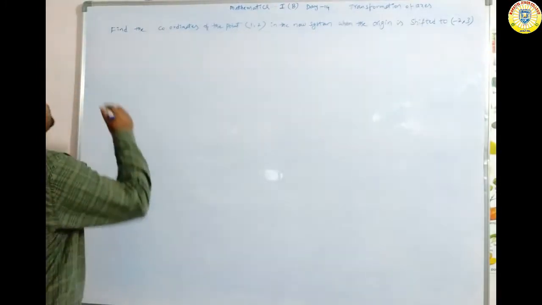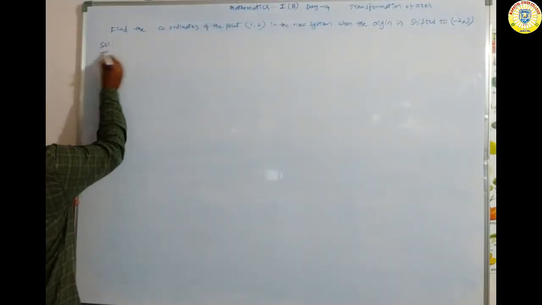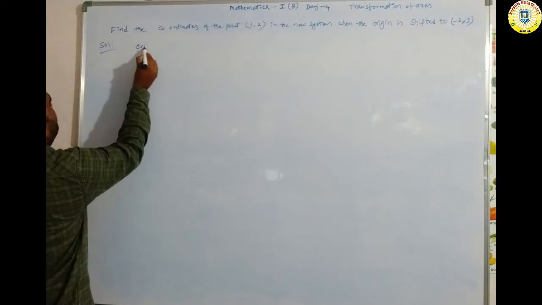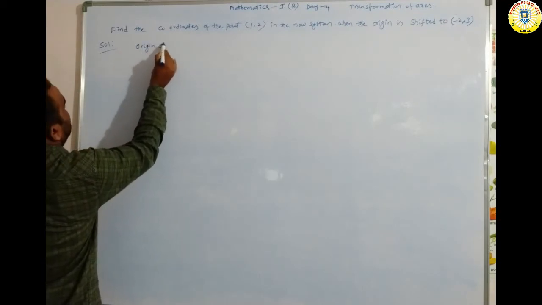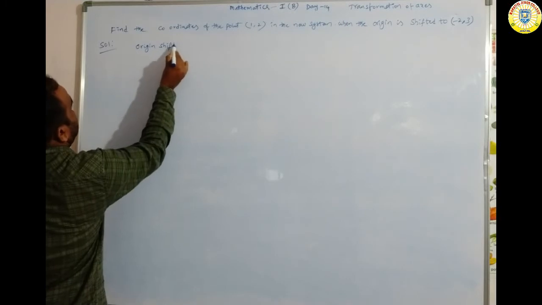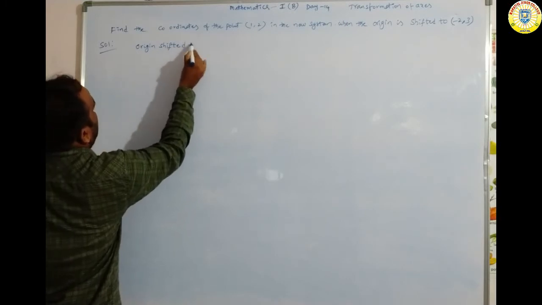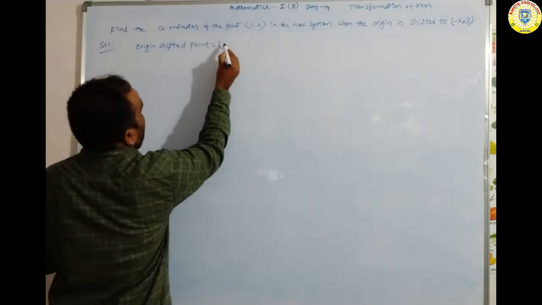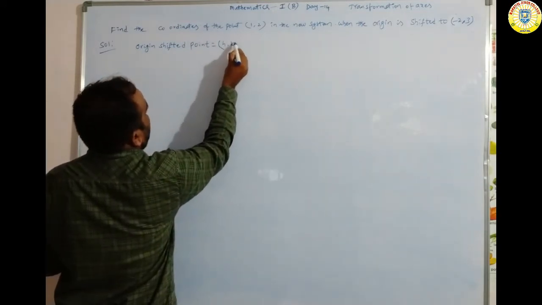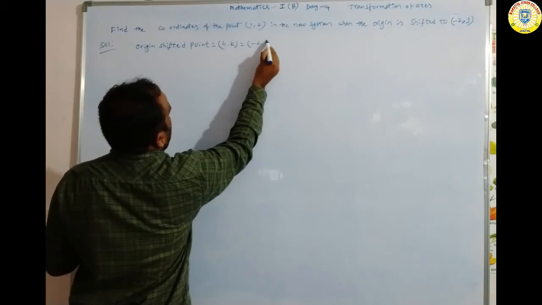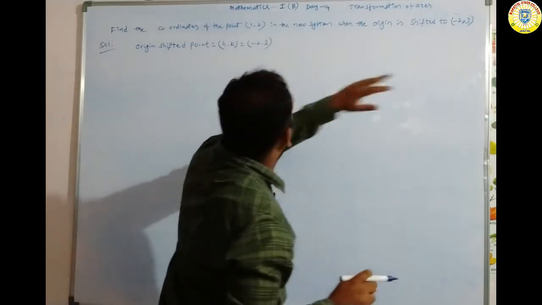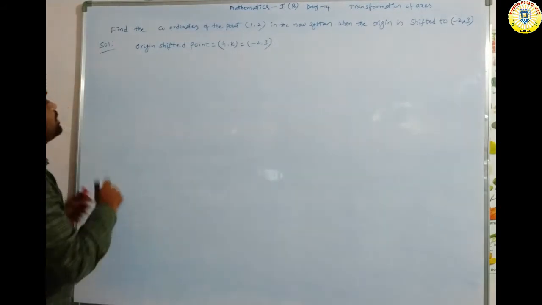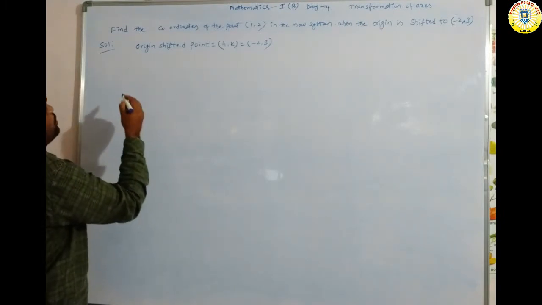First we write the origin shifted point. That is (h, k) = (-2, 3), the origin shifted point. Now we are finding the new system.